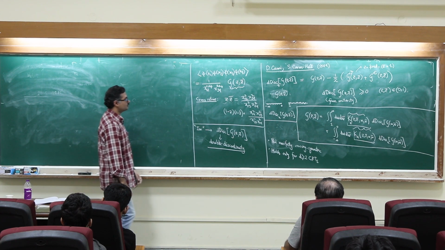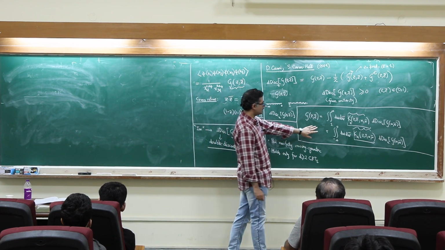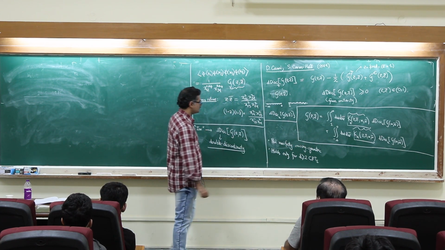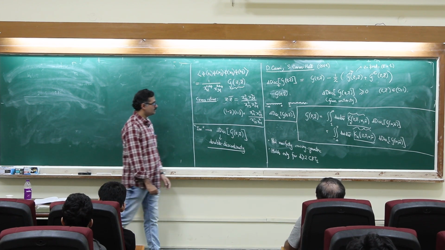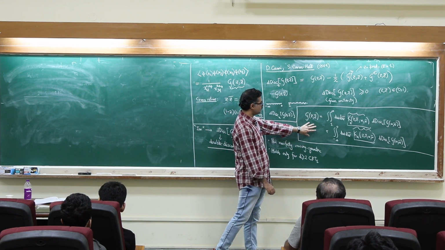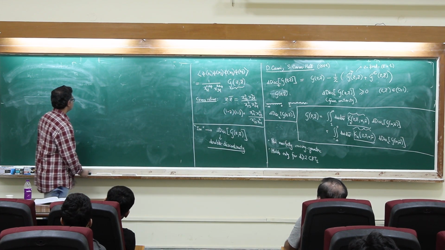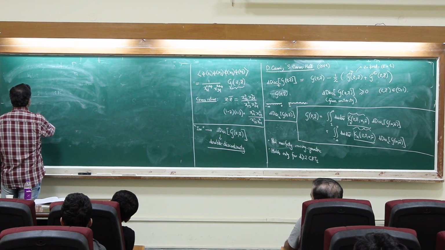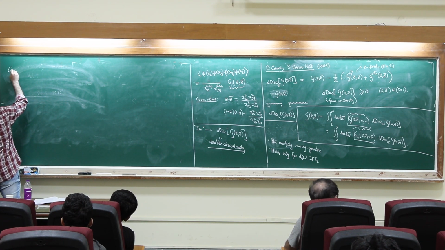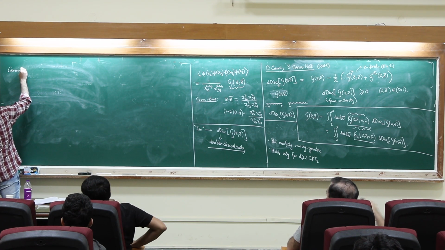So how does one actually derive a formula like this? I'm not going to tell you all the details, but one essential ingredient that goes into the derivation of this object is what is known as the Lorentzian inversion formula, which was found by Simon.